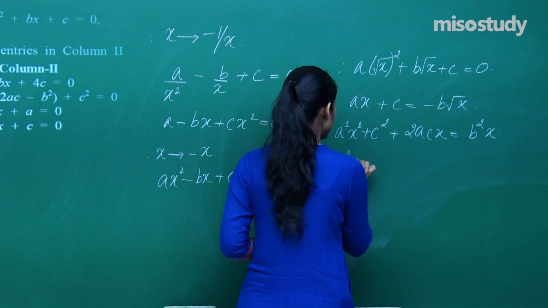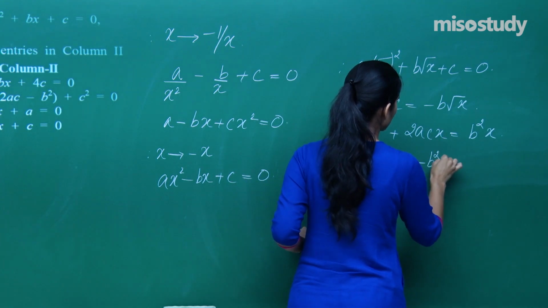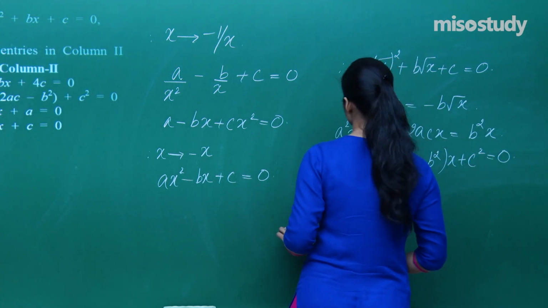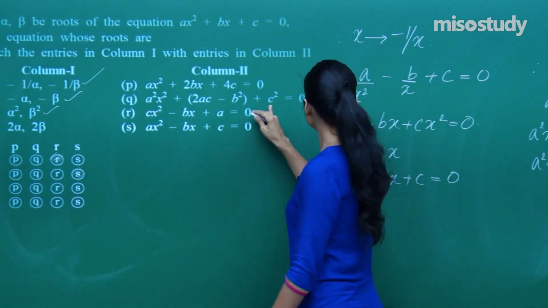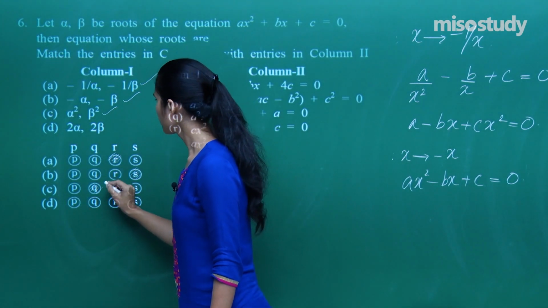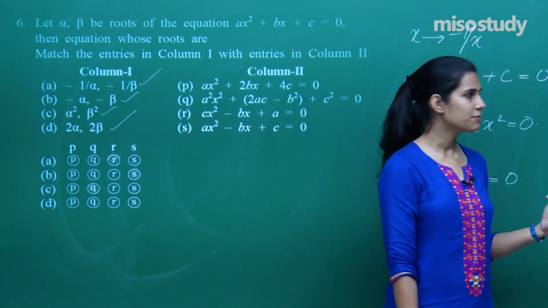So you get a square x square plus 2ac minus b square x plus c square equals 0, which is this equation, that is Q. Then you have 2 alpha and 2 beta, replace x by 2.